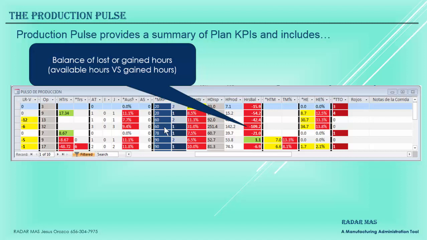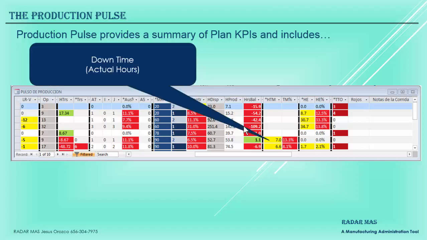For example, at this point in time, this area number 60 has lost 109 hours, or has 109 hours to gain during the rest of the day.